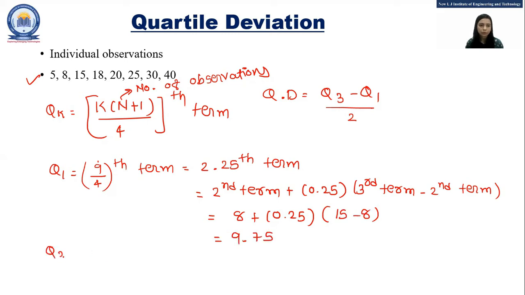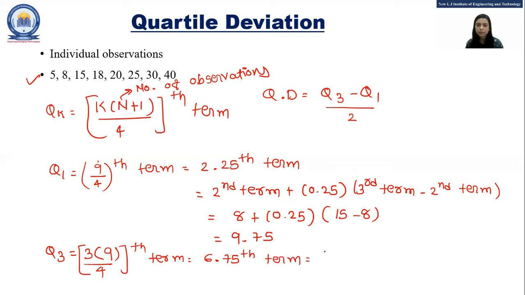Similarly, you can find the value of Q3, which is equal to 3 into (n plus 1) divided by 4th term, that is 3 into (8 plus 1) divided by 4th term, which is equal to the 6.75th term. That is the 6th term plus 0.75 into (7th term minus 6th term).